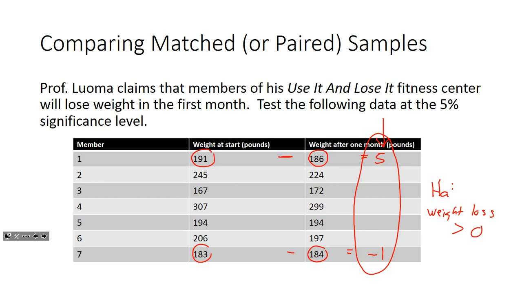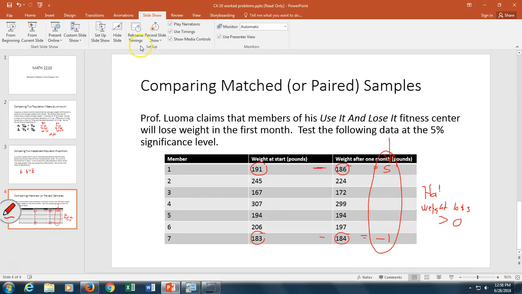The author also shows you that you can do some programming in your calculator to accomplish this. I find most of my students have never done programming in the calculator, so I'd rather kind of avoid that. If you know how to do it and you watch the author video, it's not that tough. But I'm going to show you a neat little way where when you're creating the list, you can have it do this math for you. All right, so this will be our last visit to the calculator in this lesson.